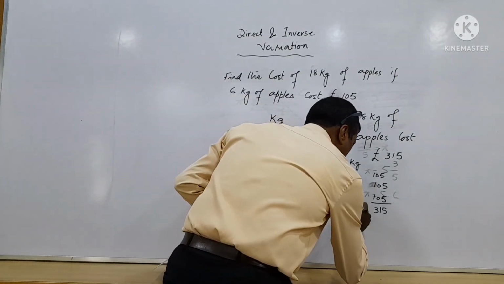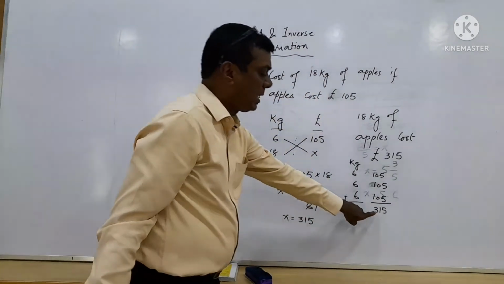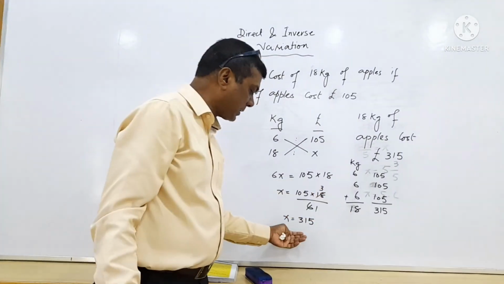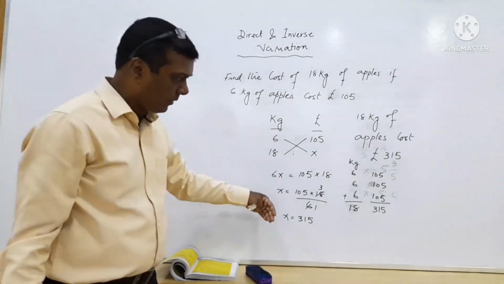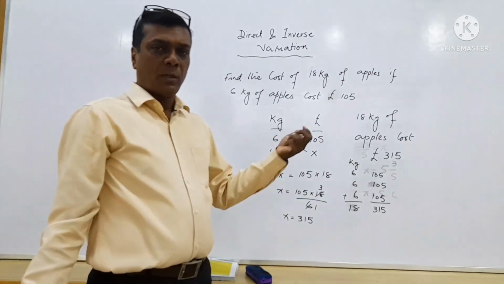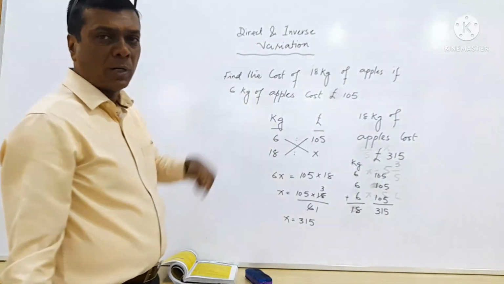So now the total is 18 kg, and the total cost is 315. So this is how I can check whether the answer I have got is correct or not. Okay, I hope you have understood this. In my next video, I will be explaining the inverse variation.